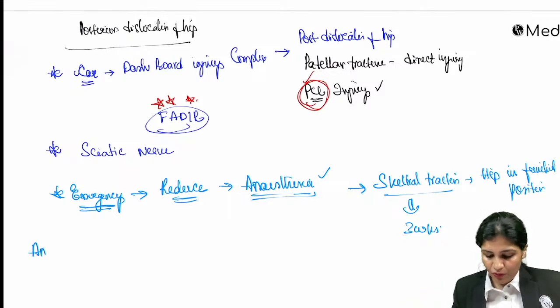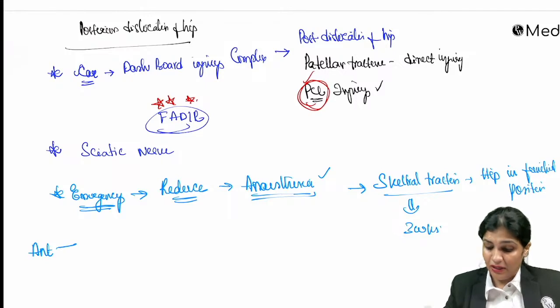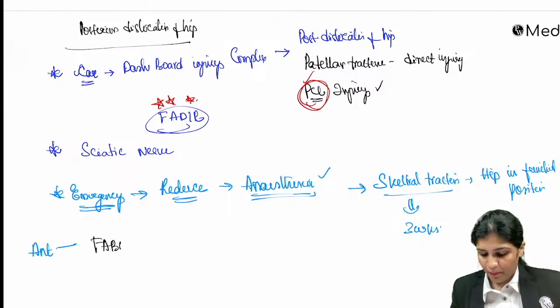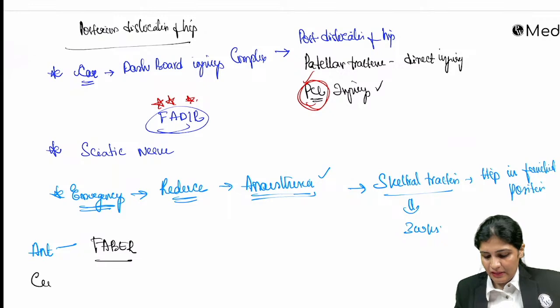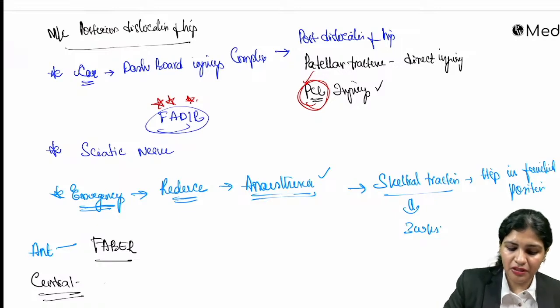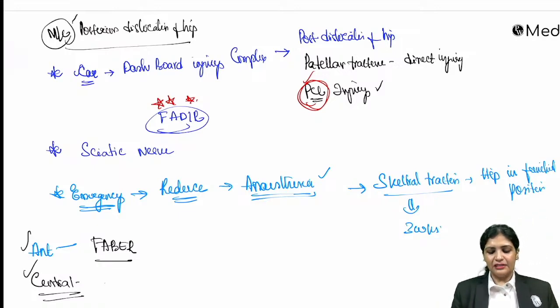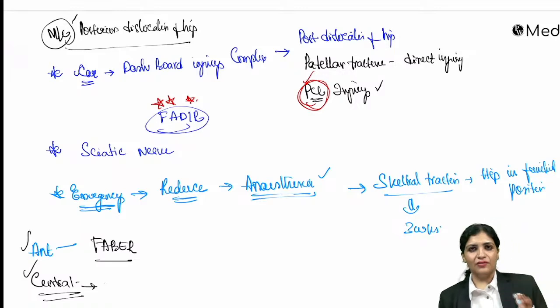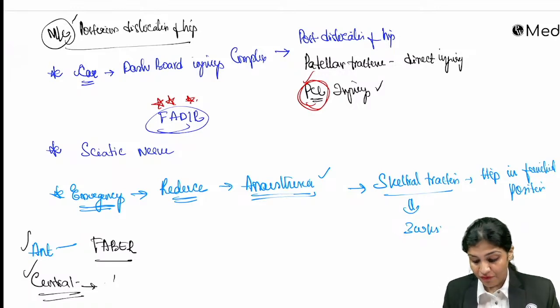And then you already know that there is anterior dislocation, and then there is a central dislocation. So there are 3 types of dislocation. The most common one is your posterior, then there is anterior, and the central. Central is always inevitably associated with a fracture.